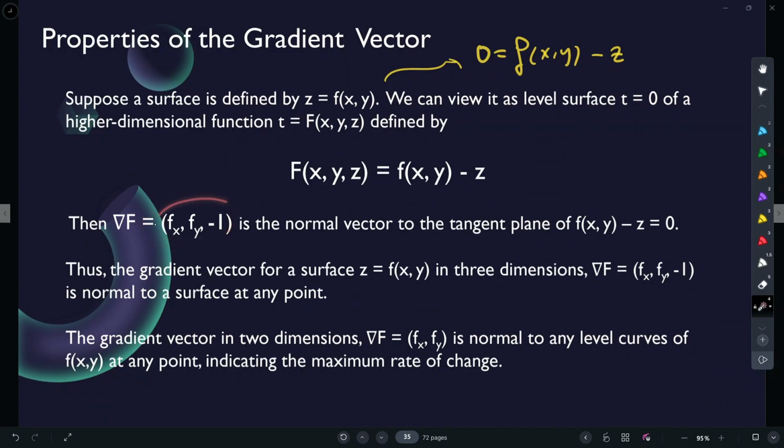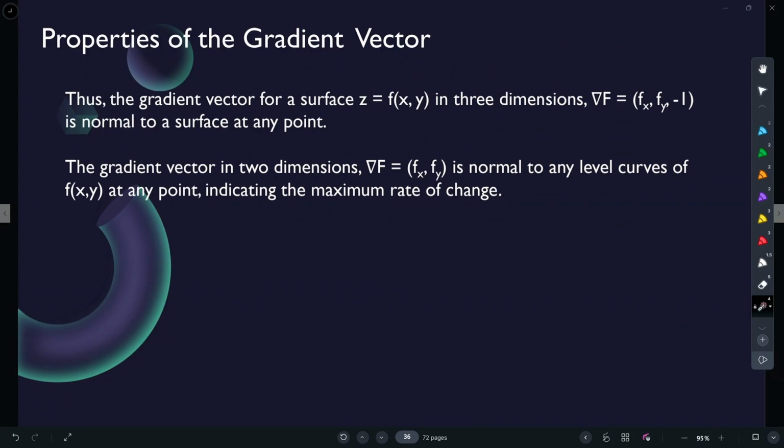So this vector, which is the gradient vector for this other function, is actually normal to the surface at any point. And similarly, this vector is normal to any of the level curves at any point, indicating the maximum rate of change. So let me repeat that, but with a graph here.